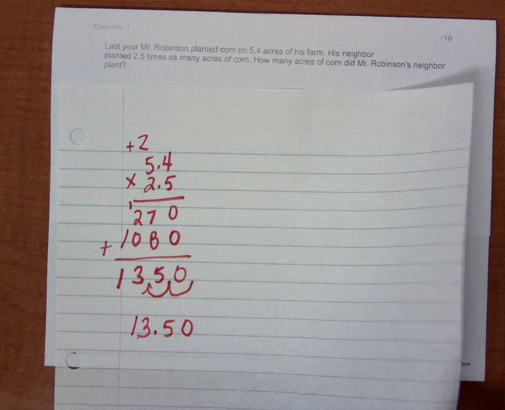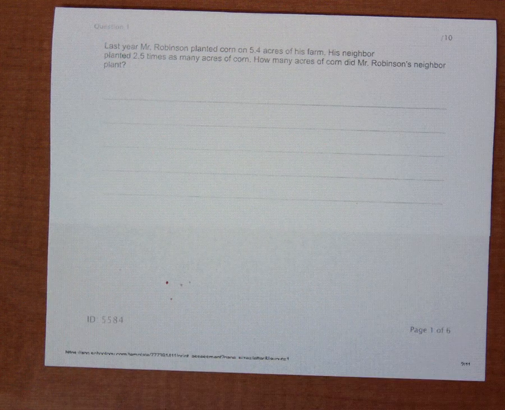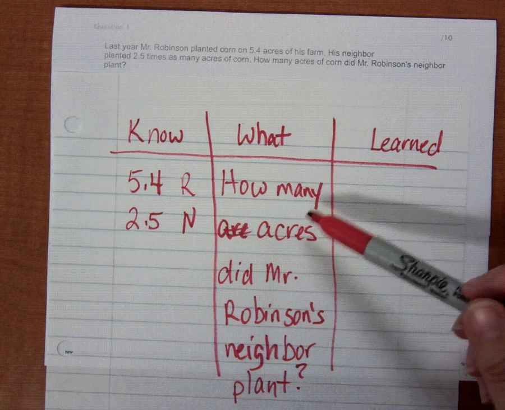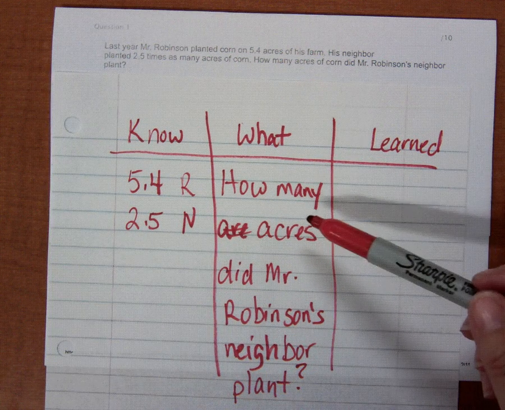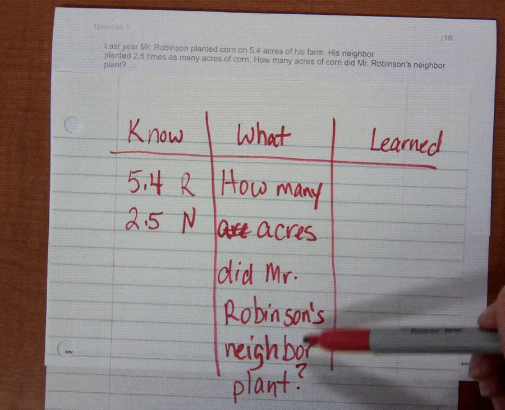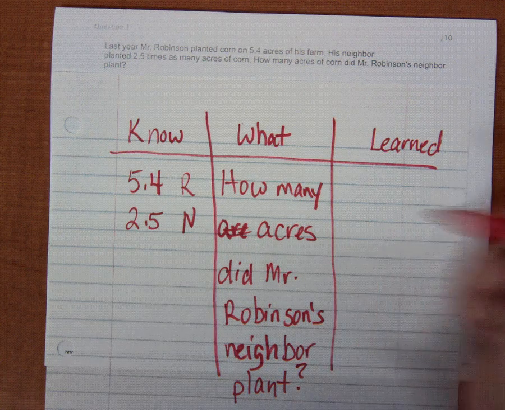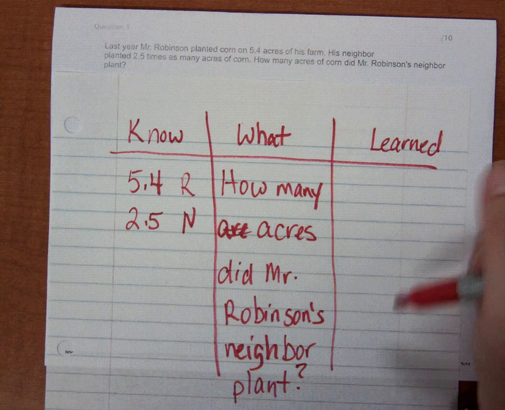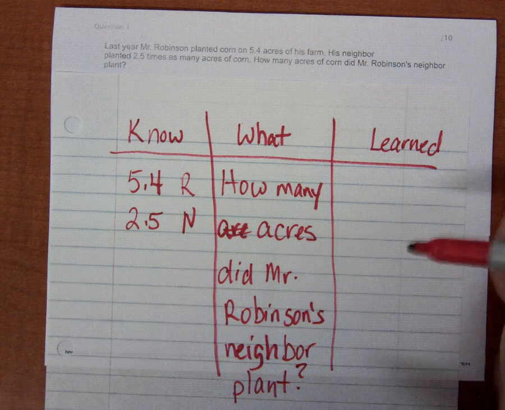Okay, so let's go ahead and turn back to our KWL chart. What did we learn? Going back to our question, how many acres did Mr. Robinson's neighbor plant? Remember, when it comes to word problems, what do we have to do? We have to answer in a sentence.